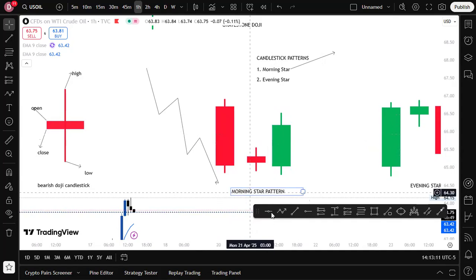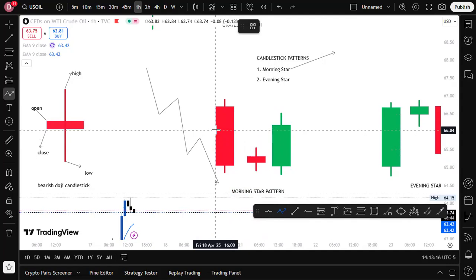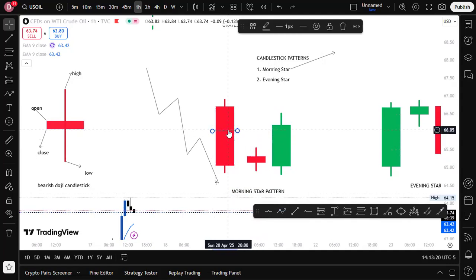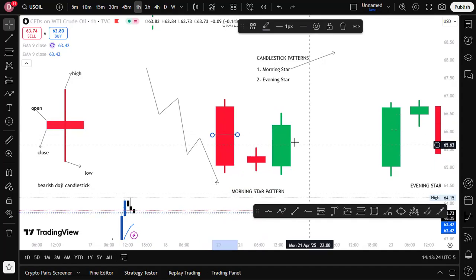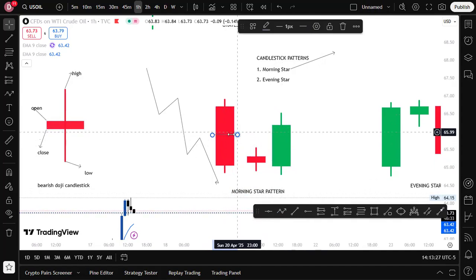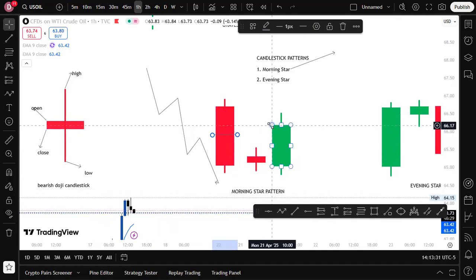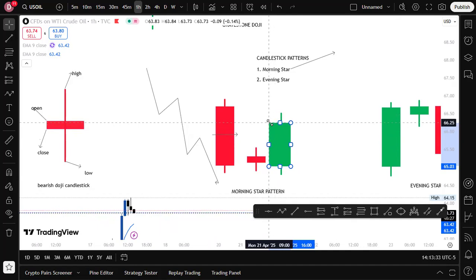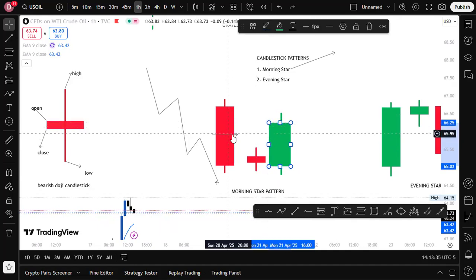If here is the middle point of the first candle, the third candle, which is the bullish candle, should pass it. The close of this bullish candle is at least above the midpoint of the first candle.